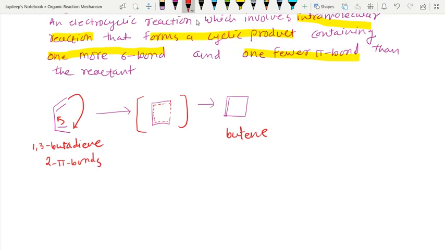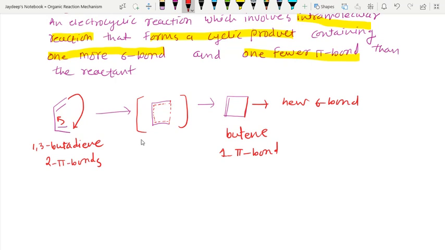Now in this case it has one pi bond, and this particular bond is newly formed. So this is a new sigma bond.